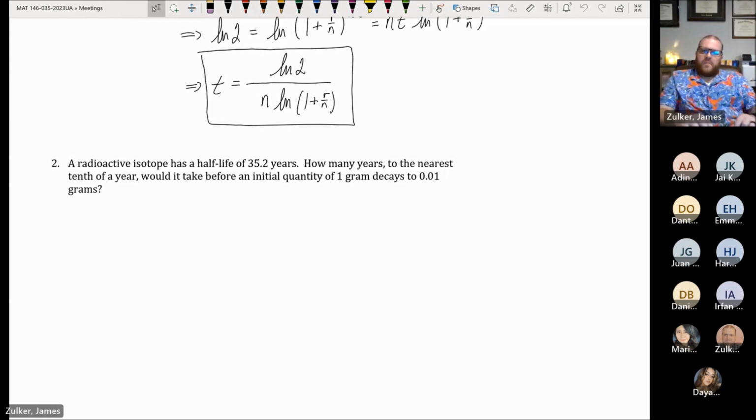Now, there are some problems with this. Half-life is more of an expected time. Right? Because this is all technically governed by the laws of quantum mechanics.